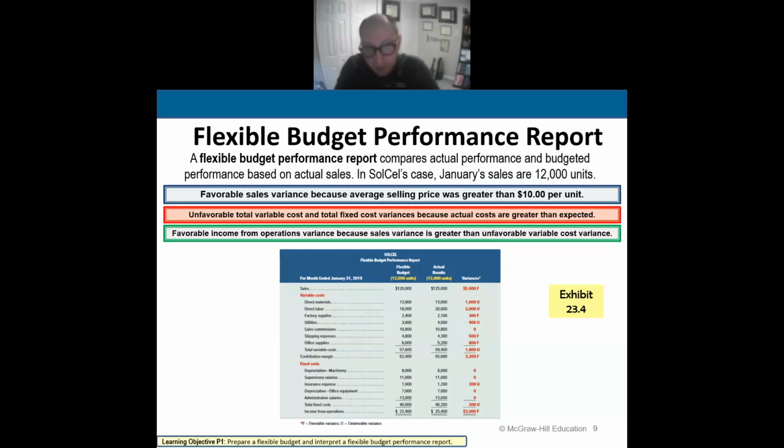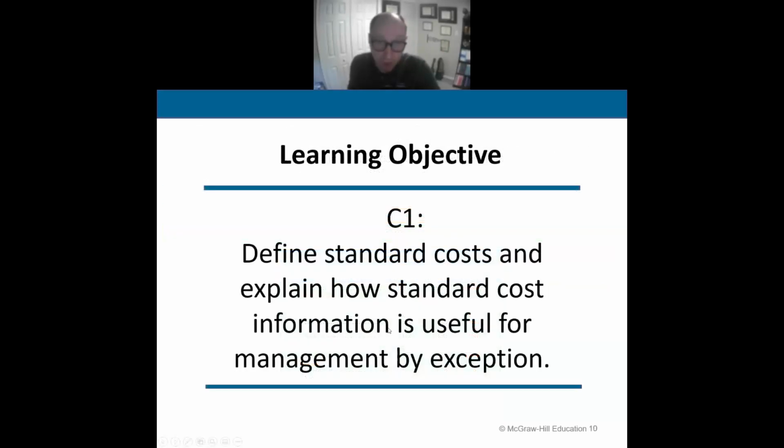So it's good to kind of see the contrast here, right? And that's really how flexible budgets work, is we look at the variances and we identify the total changes. And that's how we're able to make adjustments according to the changes in output.